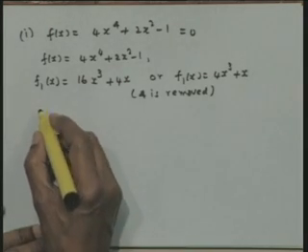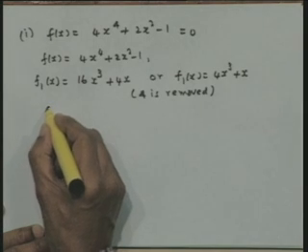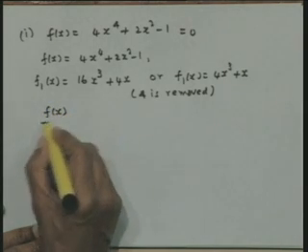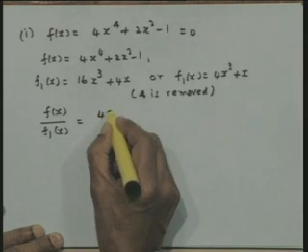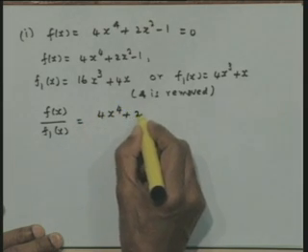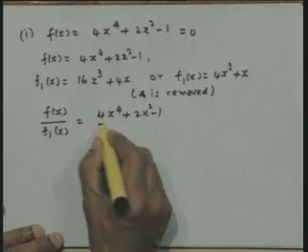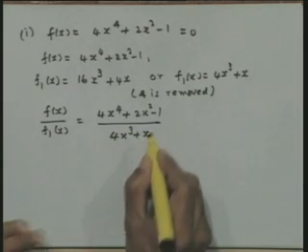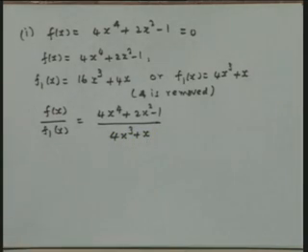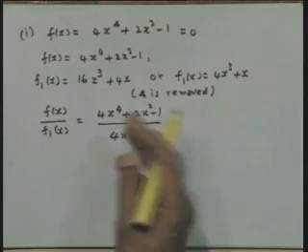Now I will write down my f2. I divide f(x) by f1(x), that is 4x^4 + 2x^2 - 1 divided by 4x^3 + x. This is ordinary division.